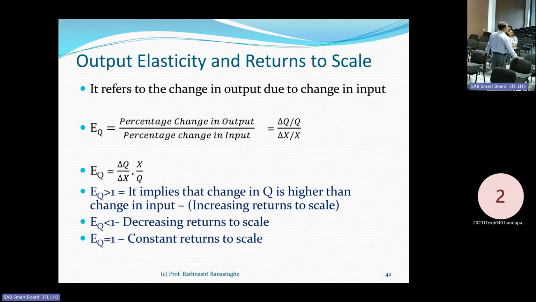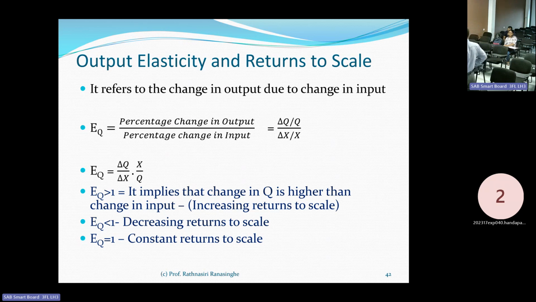Take the demand price elasticity: how do we measure it? Percentage change in output divided by the percentage change in inputs. In the same way, we take the percentage change in output, because of production, with respect to the percentage change in inputs.